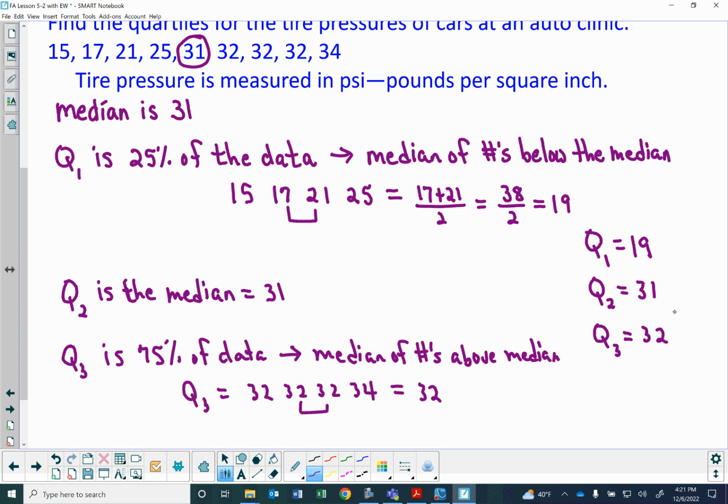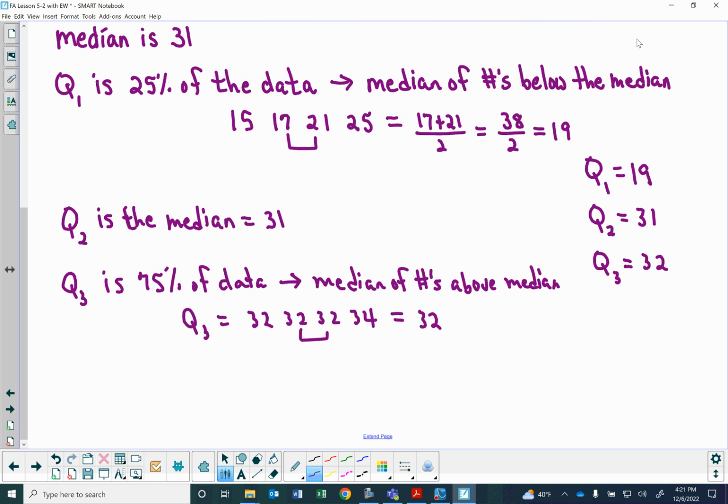Q4 is very easy to find. Quartile 4 is the max value, always. So on our data set, Q4 happens to be 34.